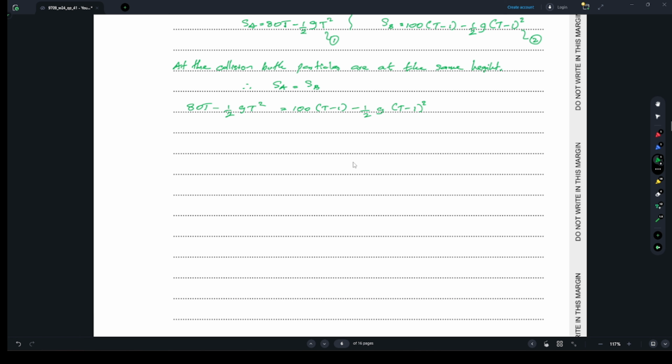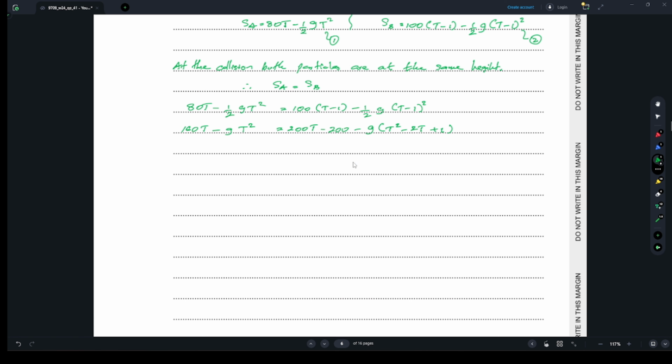Then I can write 160t minus g t squared equals, when I multiply by 2, 200, and then I'm going to expand the bracket. So it's 200t minus 200, and then here the 2 cancels, and I can write g times the expansion, minus 2t plus 1.